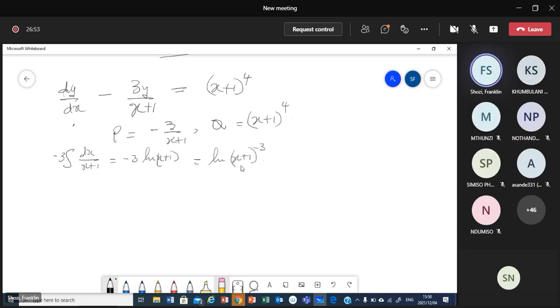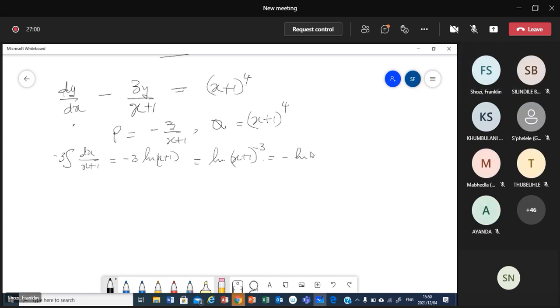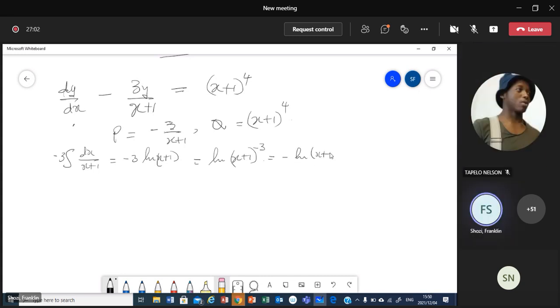Or if you like, you may as well leave that minus there. So this is just minus ln of (x plus 1) cubed, it doesn't matter. Then, what is your integrating factor?